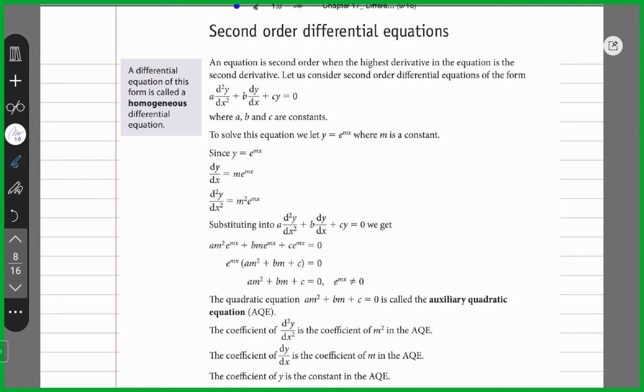Well, we all know that e to the mx cannot be 0. Therefore, am squared plus bm plus c is equal to 0. This is called the auxiliary quadratic equation, or AQE.